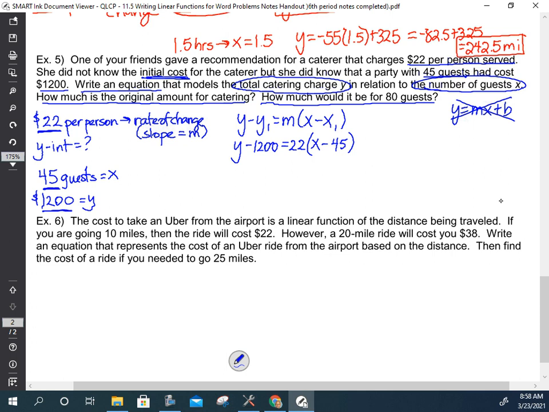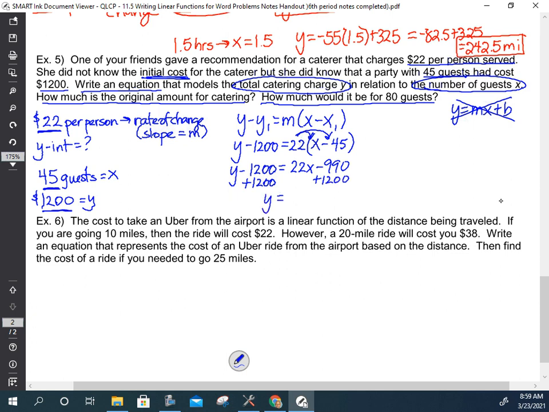So solving out, since we have the parentheses, we're going to distribute. 1,200 equals 22 times X, which is 22X. 22 times 45 is 990. And then to get Y by itself, you add 1,200 to both sides.